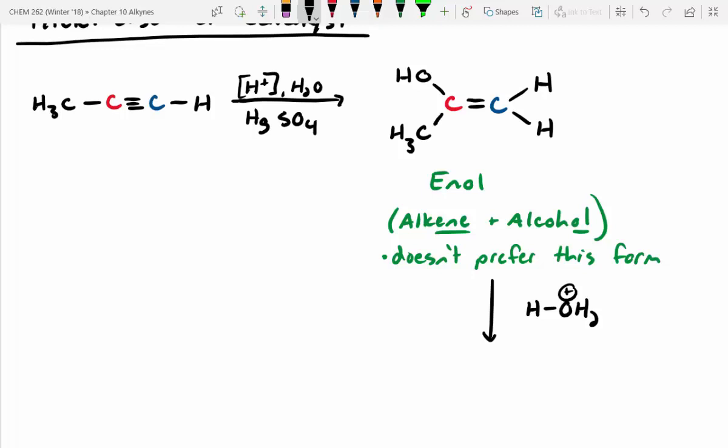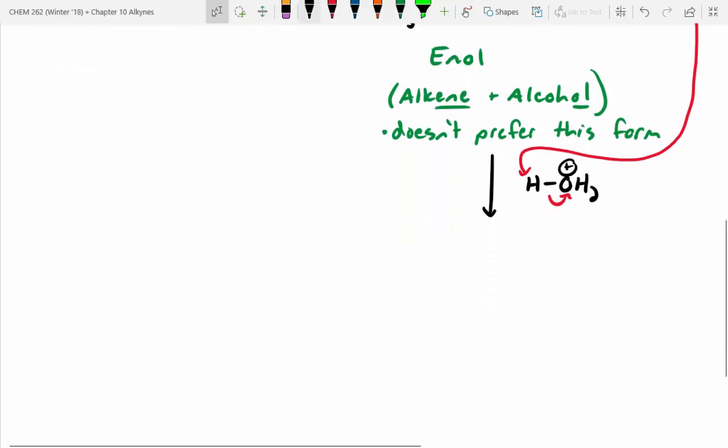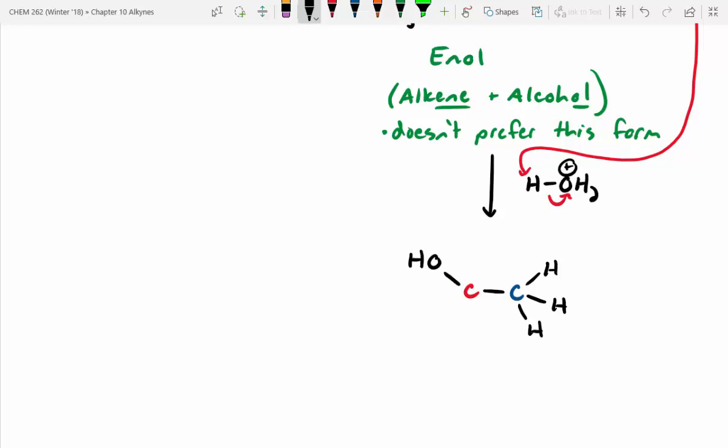We saw last chapter you can protonate that pi bond, and we want to have the more stabilized carbocation. So let's show the reaction arrows. All right, so I'm going to move this down. So now this terminal carbon, the blue one here, has 3 protons. And this carbon's got a positive charge.